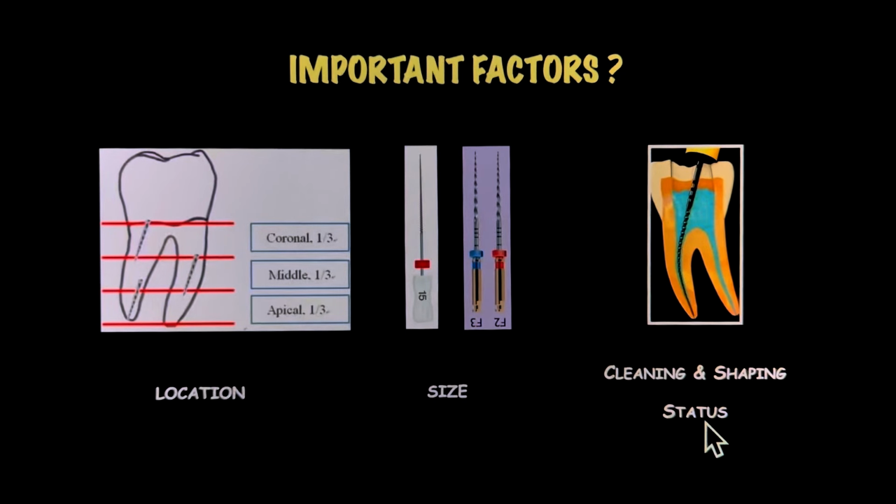Separation can occur before that, or after your cleaning and shaping is done and the canal is already enlarged to at least size 25 or 30. Based on that, you have to make a decision based on the location, the size of the file, and the cleaning and shaping status.